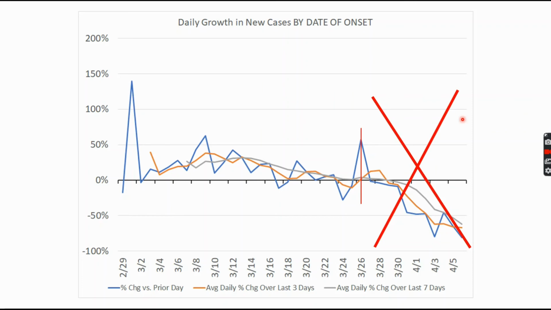I am concerned that what we may be seeing here is that some of the earliest states to have gotten cases, especially New York, which had the highest percentage of cases, New York and New Jersey have been roughly 50% of all U.S. cases, and their situation is starting to improve as far as new cases.